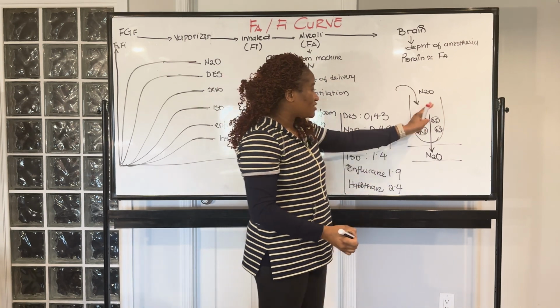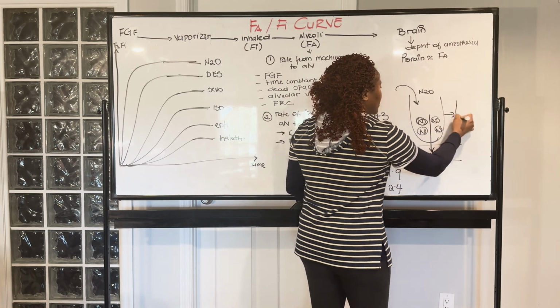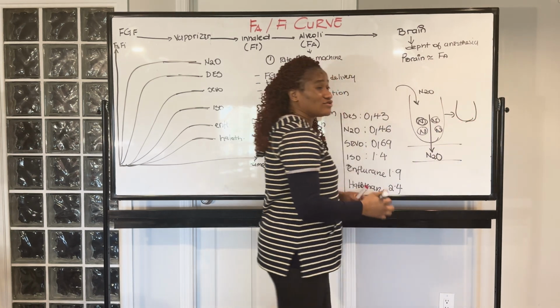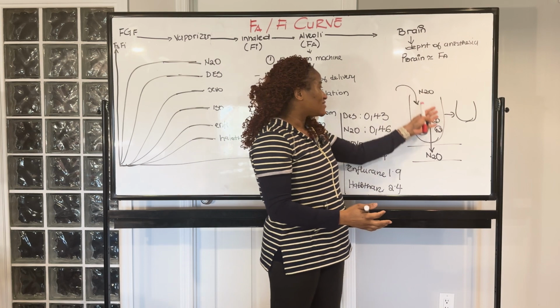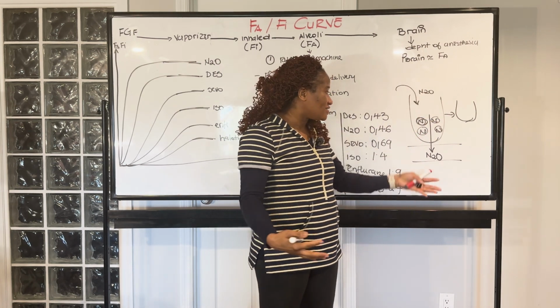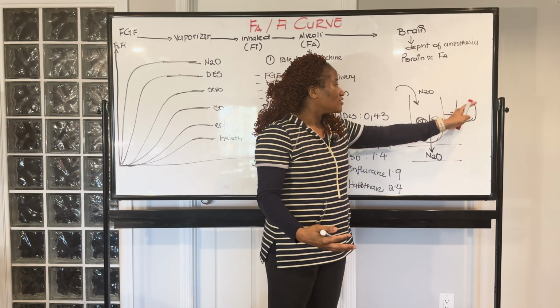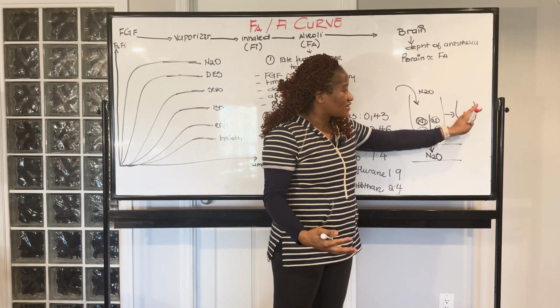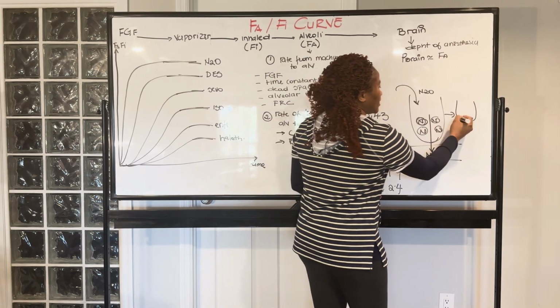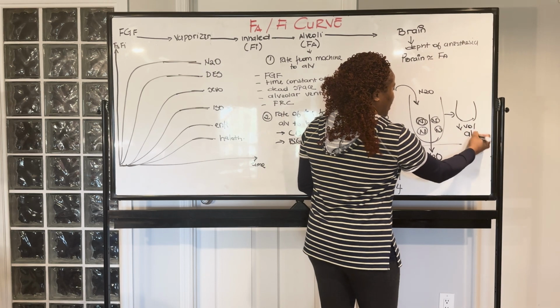So after this rapid diffusion, what is going to happen to the alveoli? The size of the alveoli is going to shrink, because all this nitrogen that came here, increasing this alveolar size, just left and went to the blood. So we have a decrease in the volume of our alveoli.